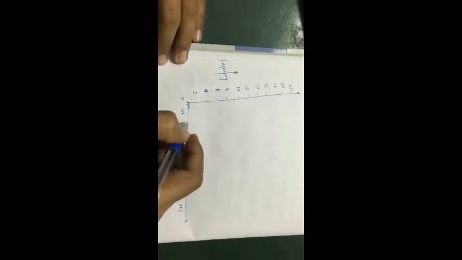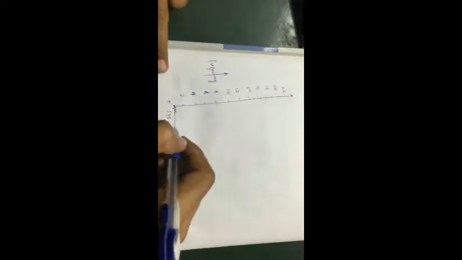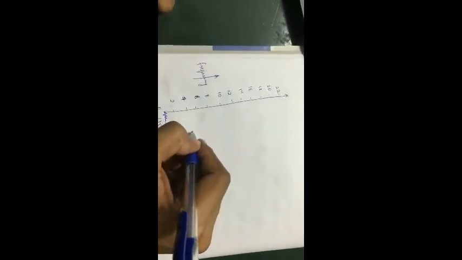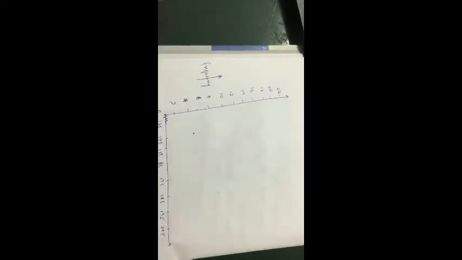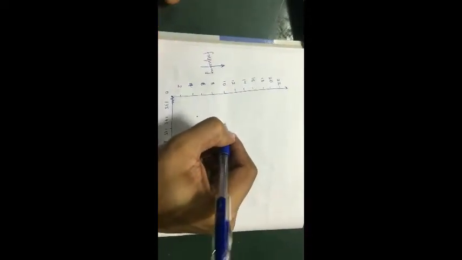For every point, the frequency we got for class mark 145 is 5, so it will come between 4 and 6. We will drop a dot at that position. For class mark 155, the frequency given is 10, so we'll draw a point at that position also.